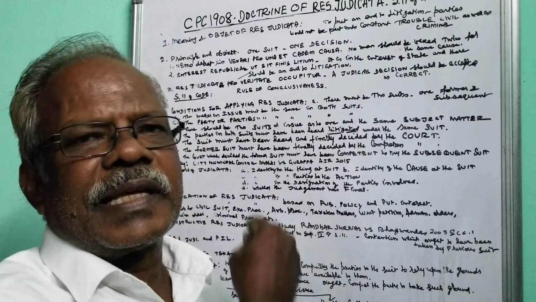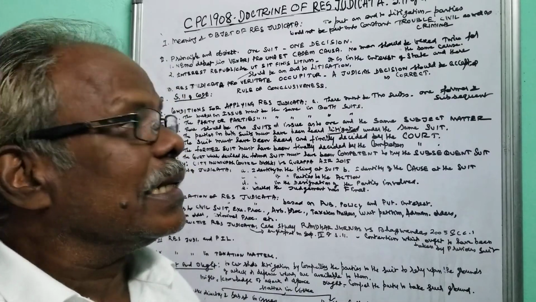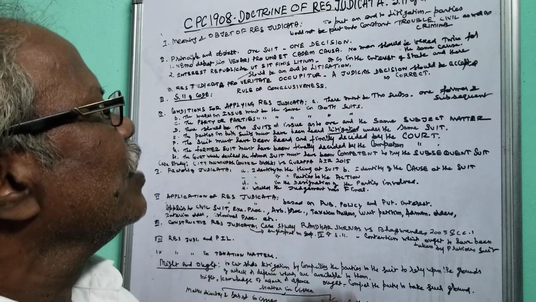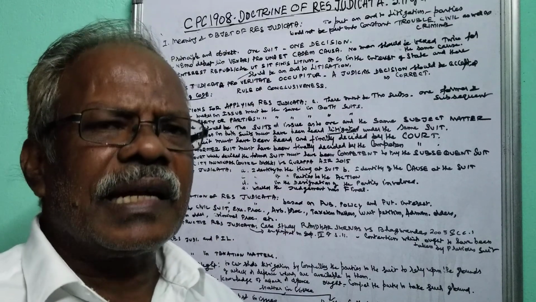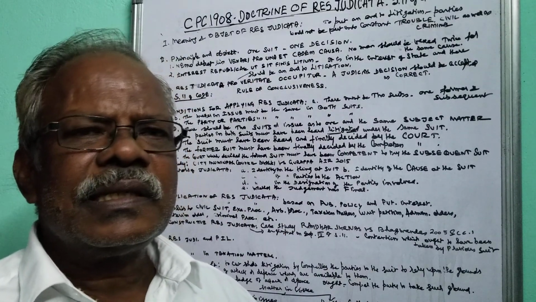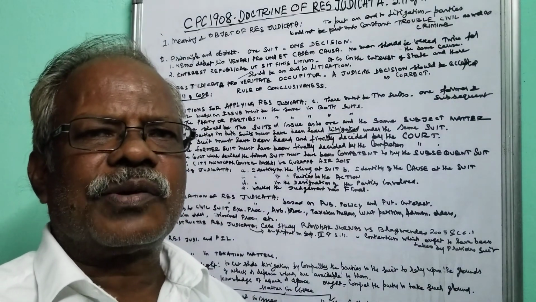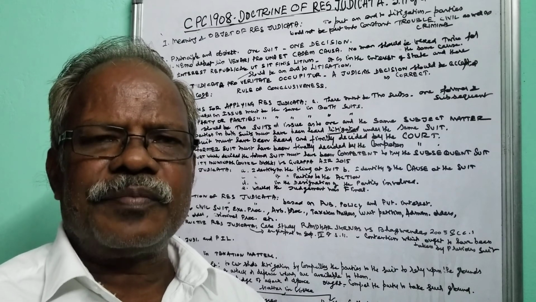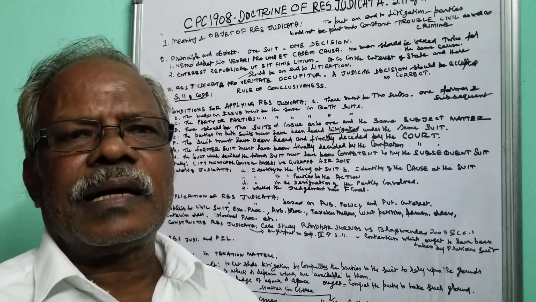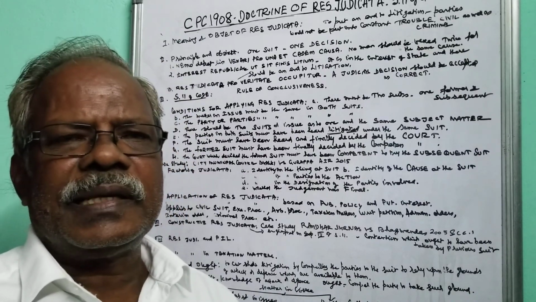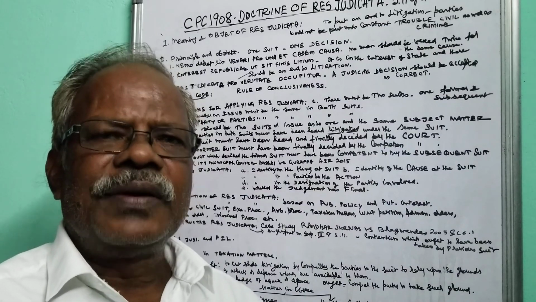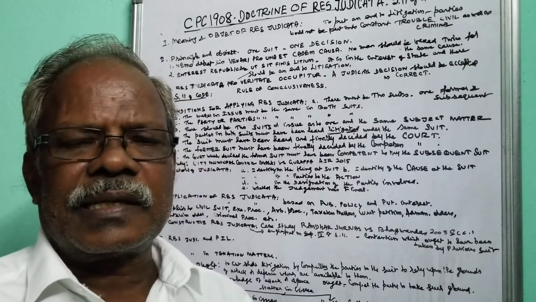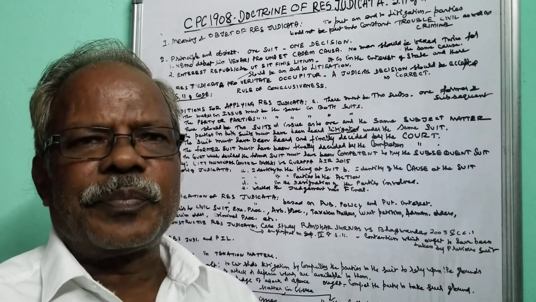Now we will go and see what is res judicata. Meaning and object of res judicata: once a matter is taken up in the court and adjudicated, or the verdict has come, or decreed, then it cannot be taken up again for relitigation in another court, or in the same court, with the same parties.